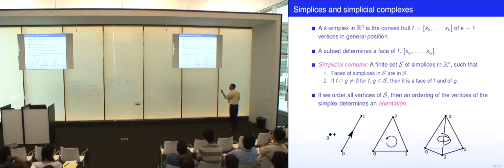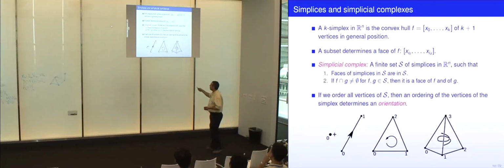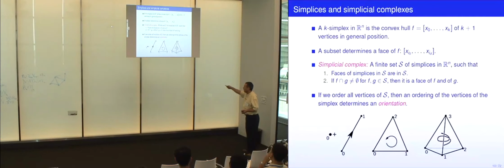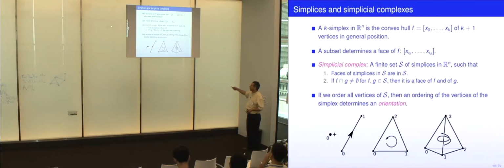And similarly, we have an orientation for a triangle. If you traverse it in increasing order, that's called a positive orientation. If you switch any two of these, it becomes a negative orientation. And so all the permutations with positive sign would give you the positively oriented simplex, the same simplex back again. But if you switch to a negative permutation, then you would get the negative of this, the negatively oriented. There's an oriented simplex in 3D.